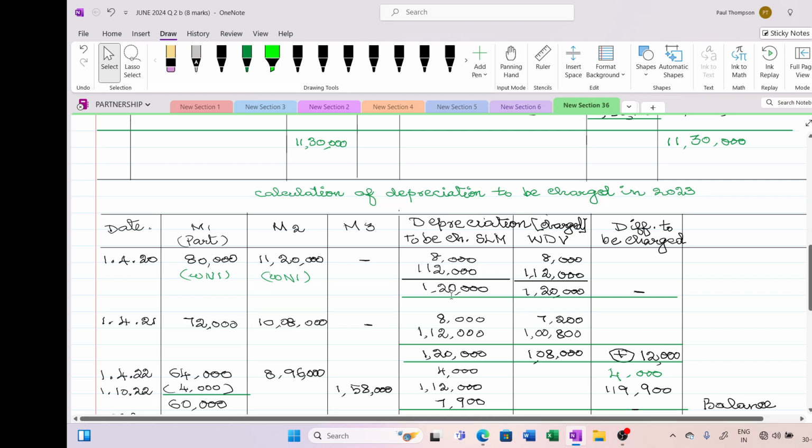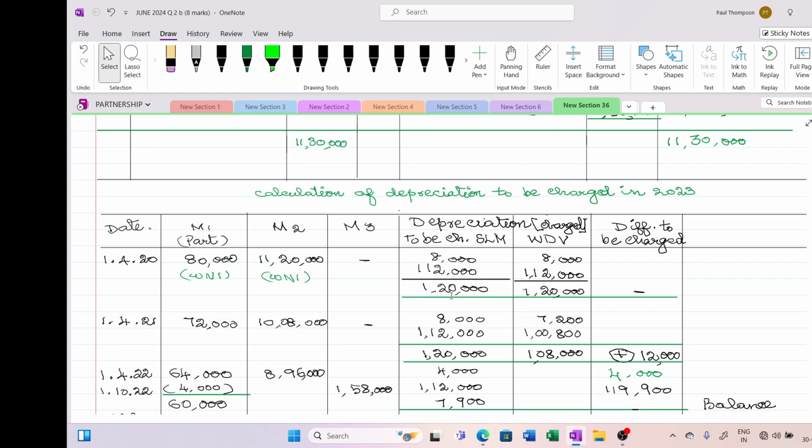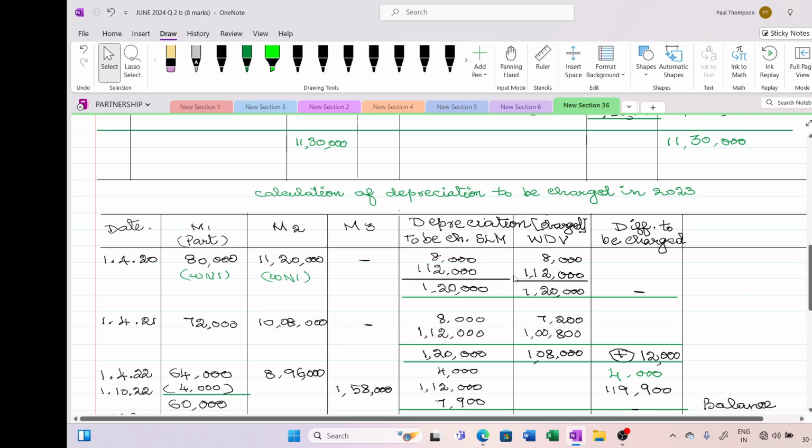So, the total amount to be charged as per SLM is 1 lakh 20,000. All of you know in the first year, there would be no change, either it is SLM or WDV. So there is no change and nothing to be charged in the current year. Okay, hope it's clear. Next one.